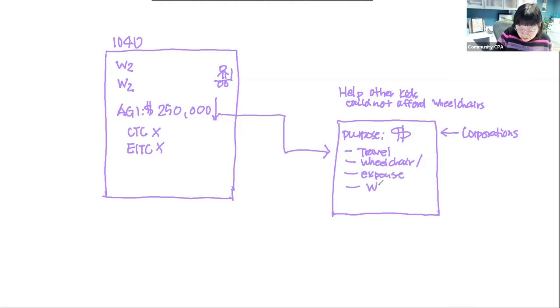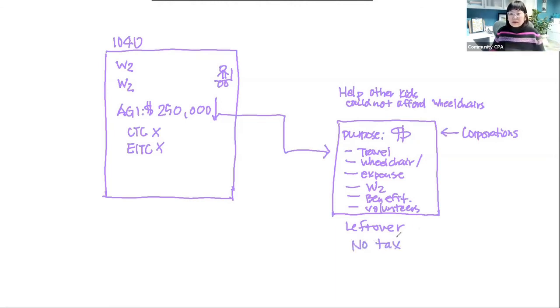They can even do payroll, develop benefits for people who work here, and pay volunteers. And whatever is left over, no taxes, no tax. So that's how you can donate.